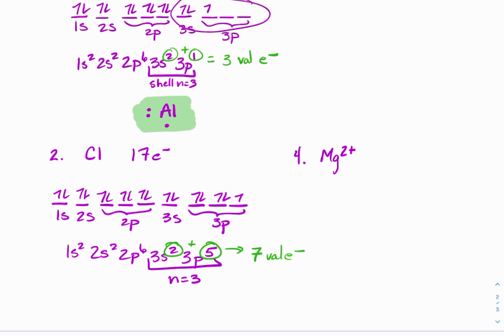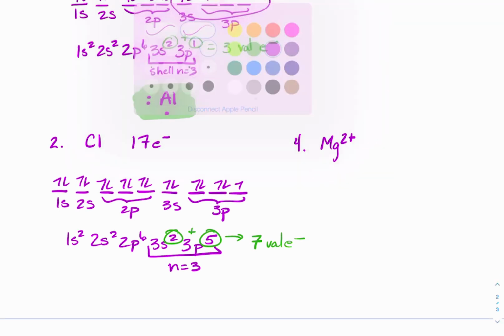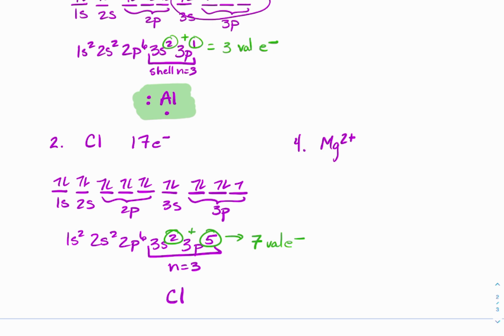And so when we draw the Lewis symbol for chlorine, we're going to place 7 electrons in dots around chlorine, but make sure that we're using the pattern that is indicated in our orbital diagram. There are going to be 3 sets of paired electrons and 1 unpaired electron. So I'm going to draw it to look something like this. That is the Lewis symbol for a neutral atom of chlorine.